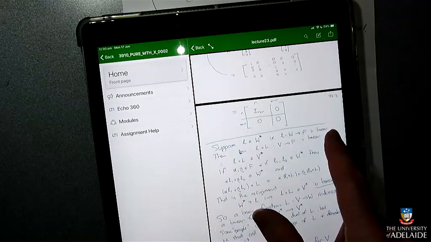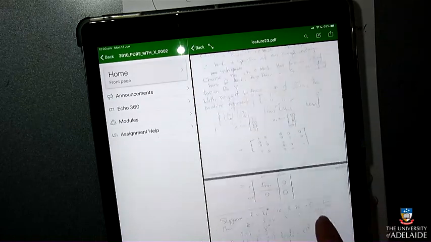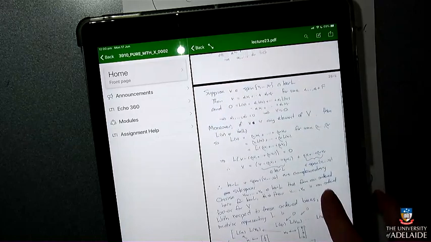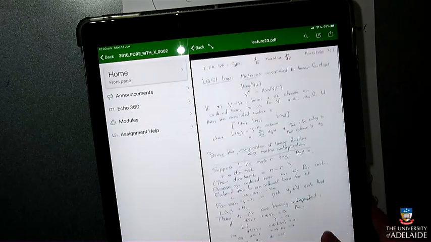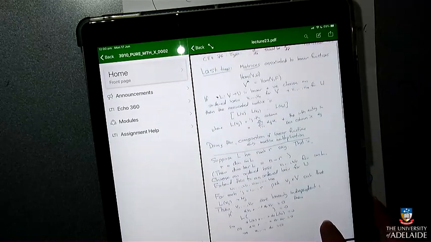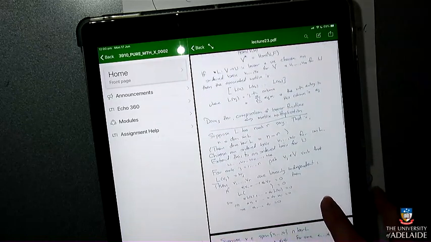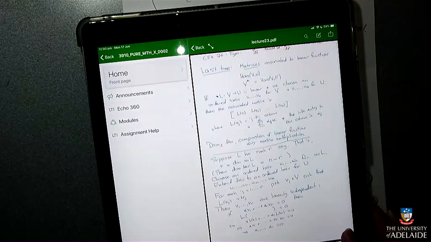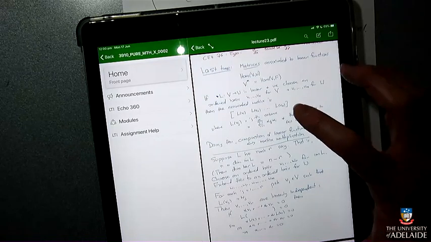L sends W to F. No, there's something earlier than this. Okay, this is making the matrix.